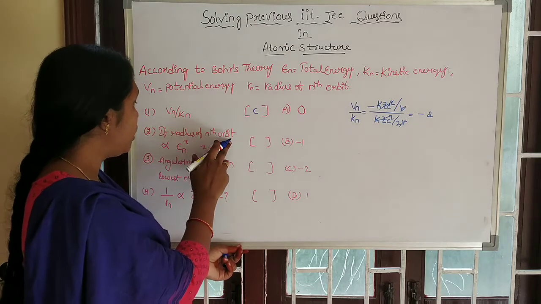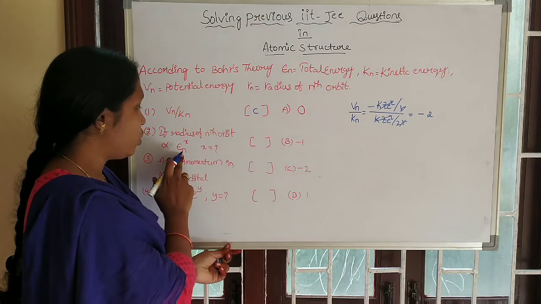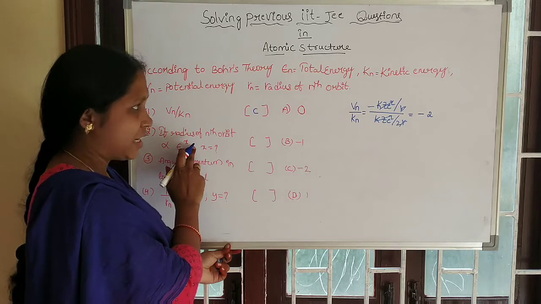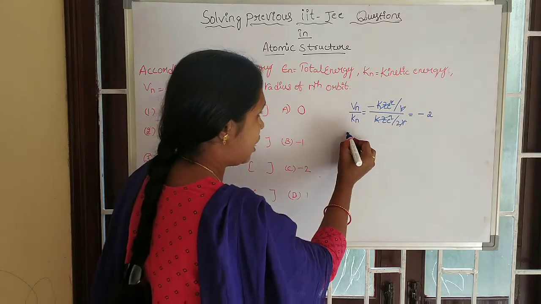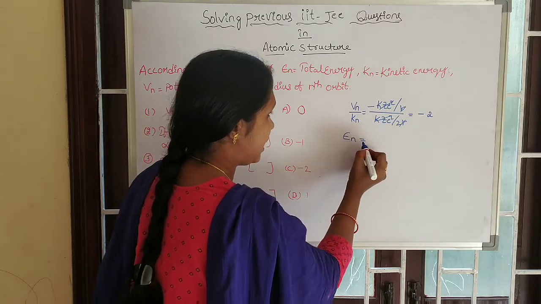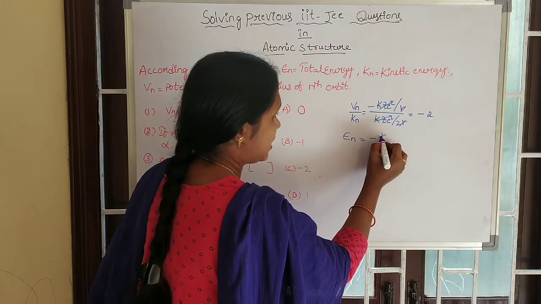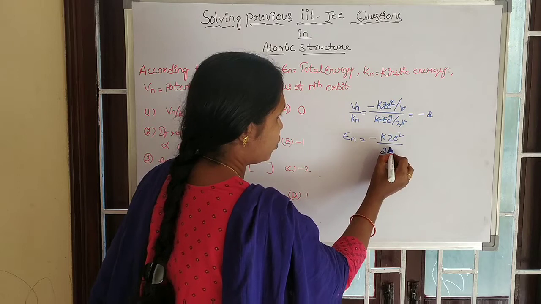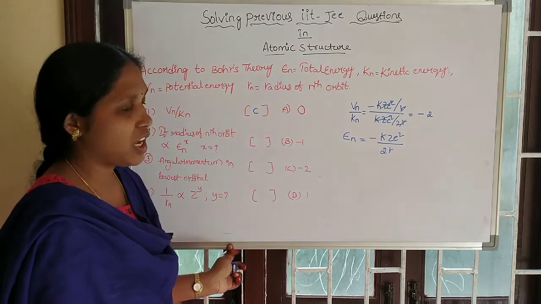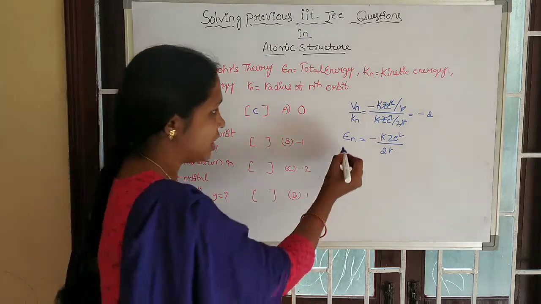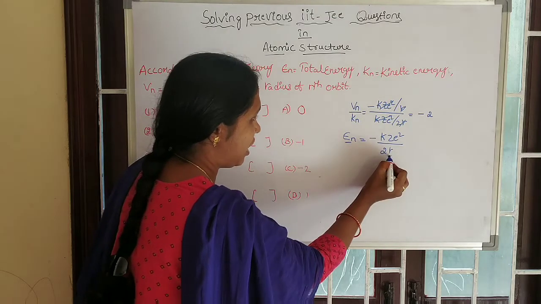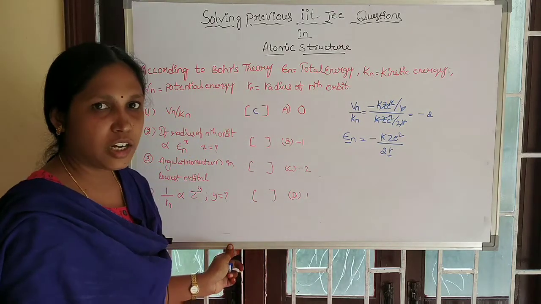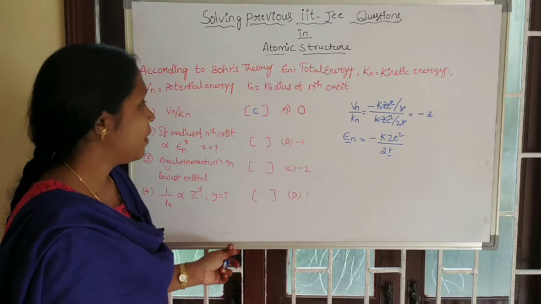Go to the second one. If the radius of the nth orbit is proportional to energy to the power x: see here, the energy of the nth orbit is minus kZ squared by 2r. Here the energy and r are inversely related.